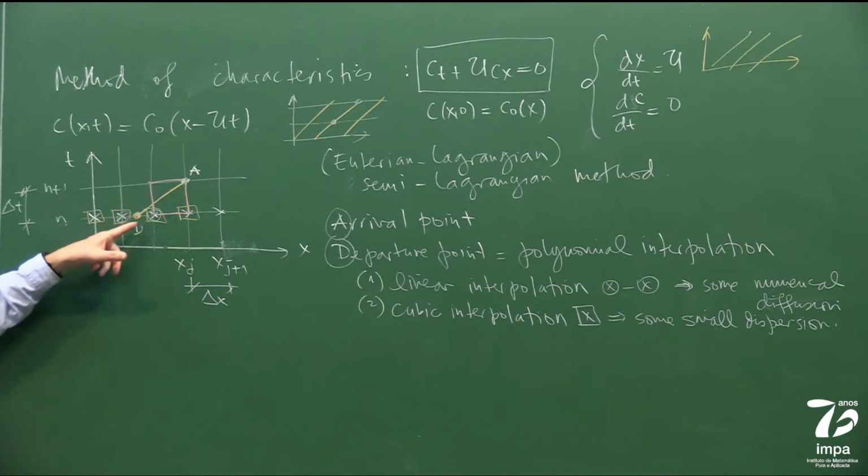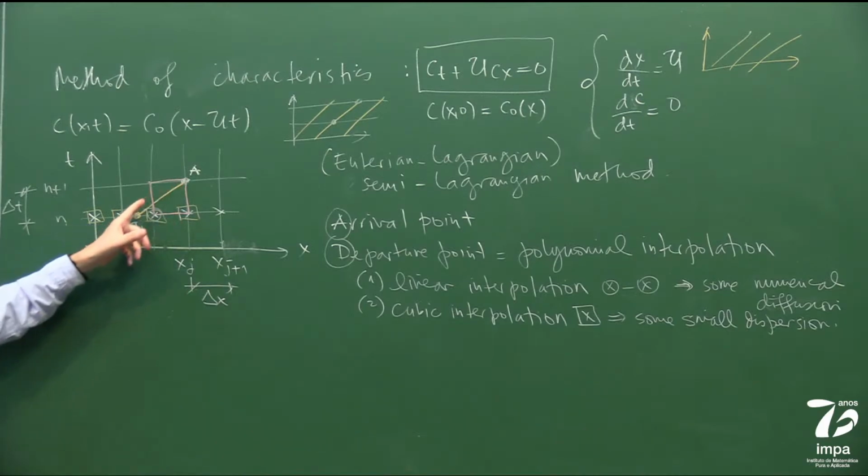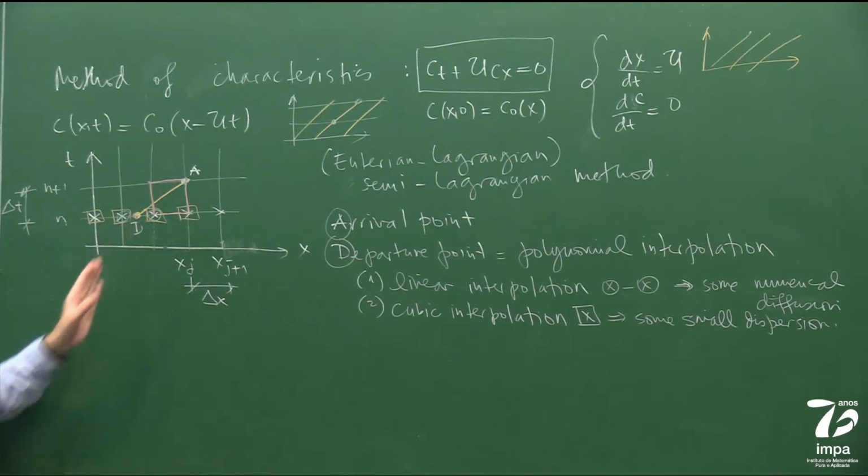But this is what happens, okay? If you have a speed that actually gets you out of the cell, you should not do extrapolation. This is a comment I forgot.